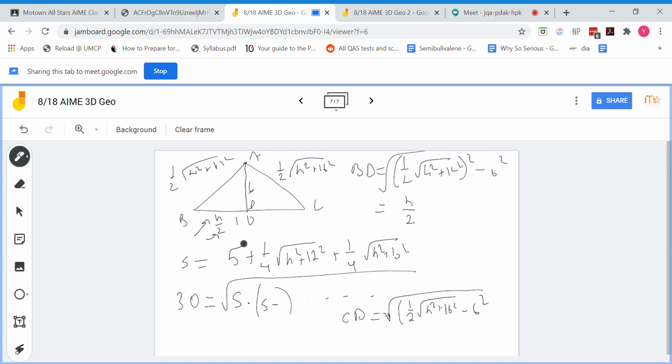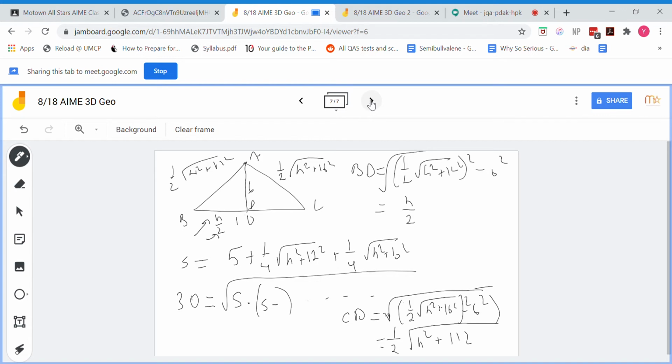And so this comes out to be half the square root of h squared plus 112, right?